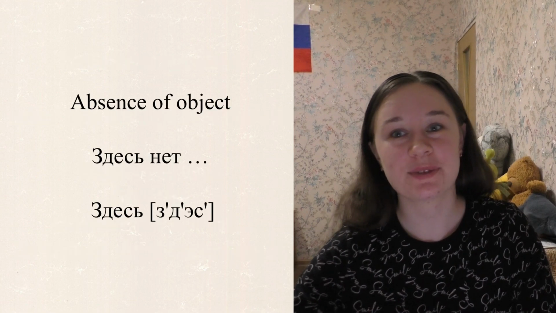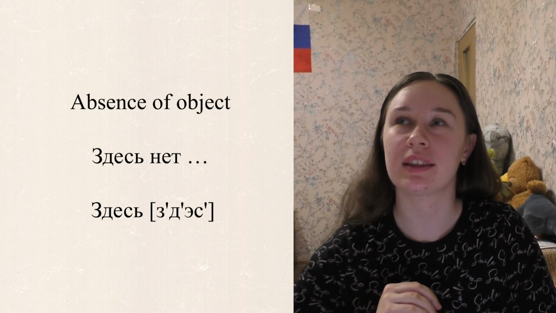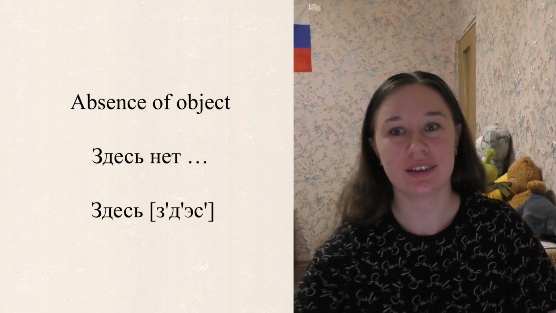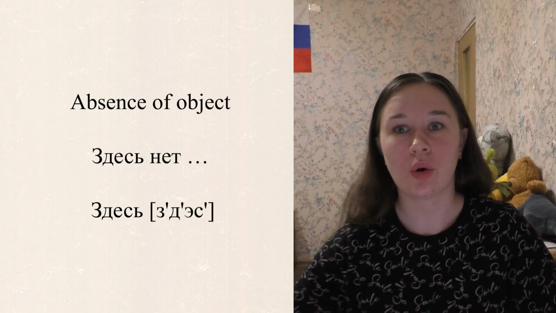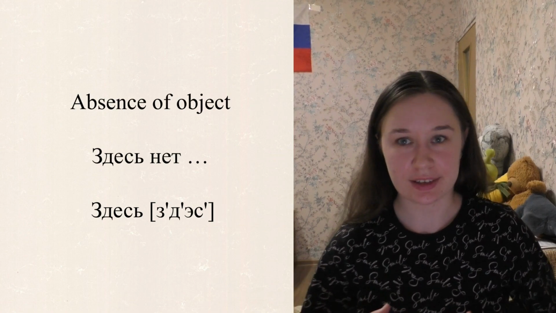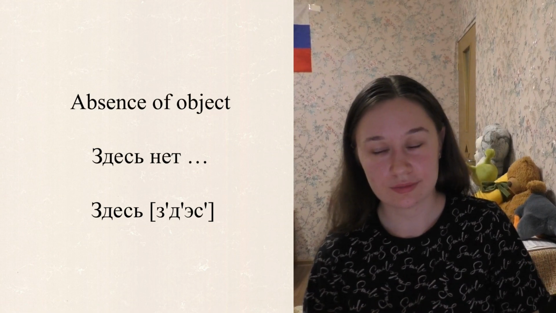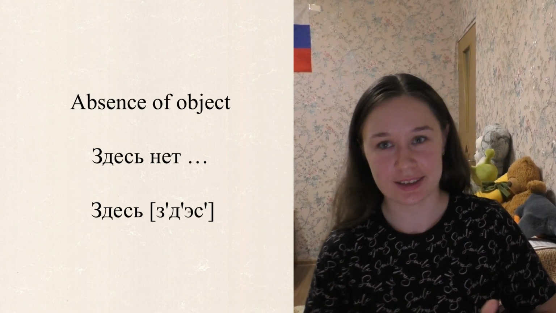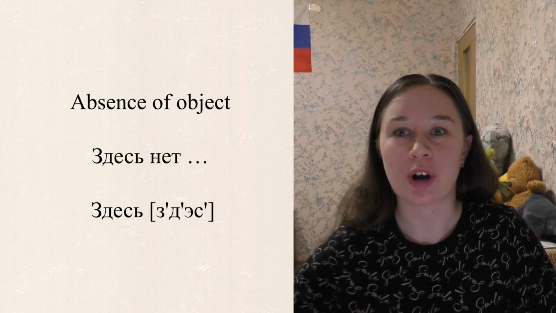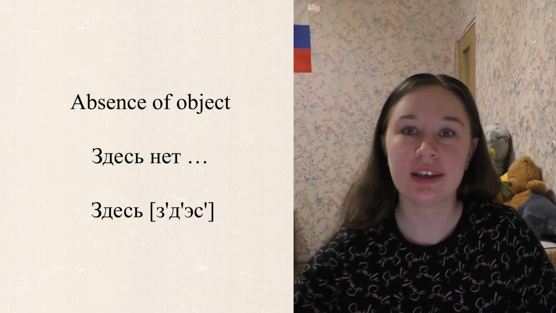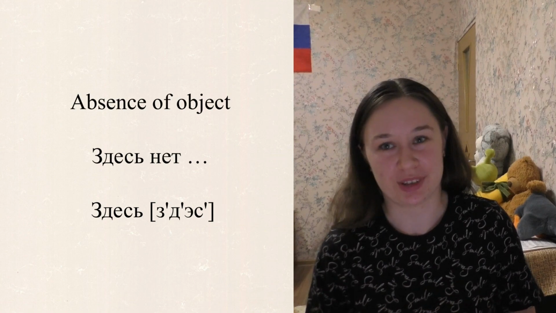The next function, the absence of object, we will create with the construction like there is no. In Russian, there or here means здесь, and then we say no, нет, здесь нет, there is no. Verb to be in present tense in Russian generally is skipped, so here you don't see the verb to be because we skipped it.